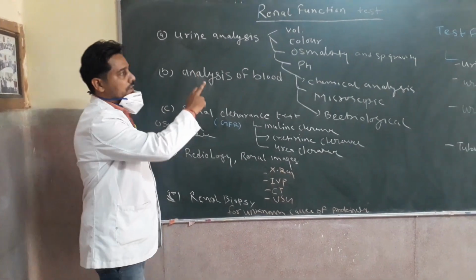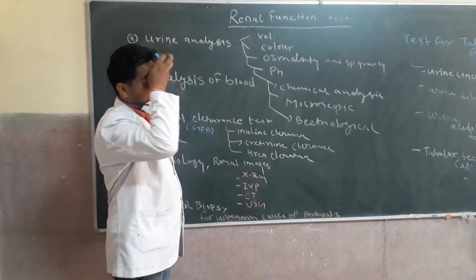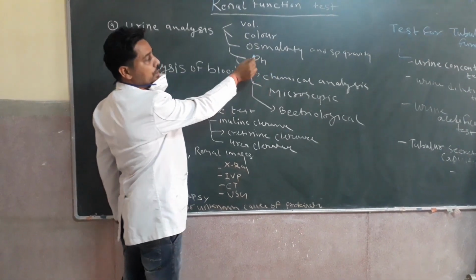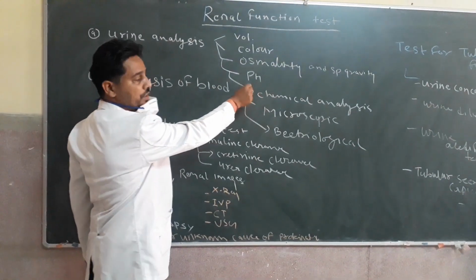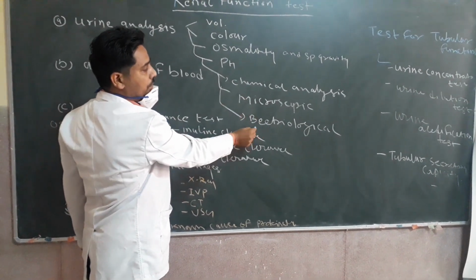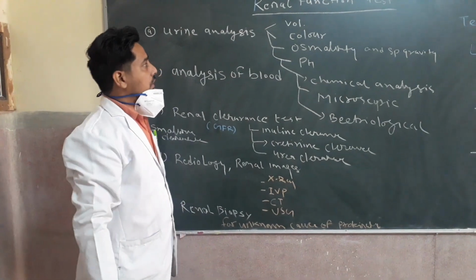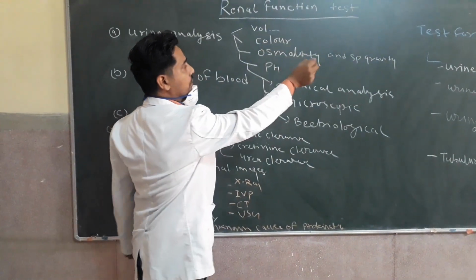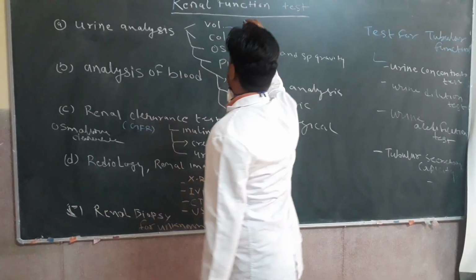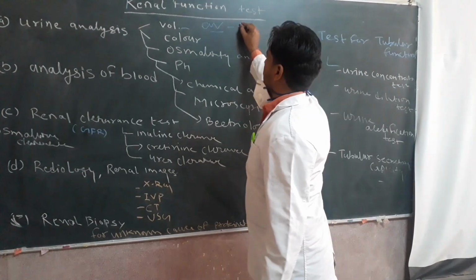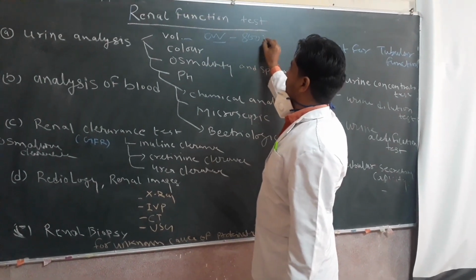The urine analysis is further divided into volume, color, osmolarity, specific gravity, pH, chemical analysis, and microscopic and bacteriological examination. The urine analysis, the volume, is on average 800 ml per day.